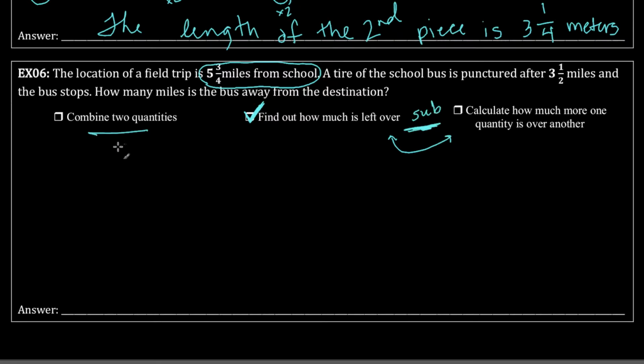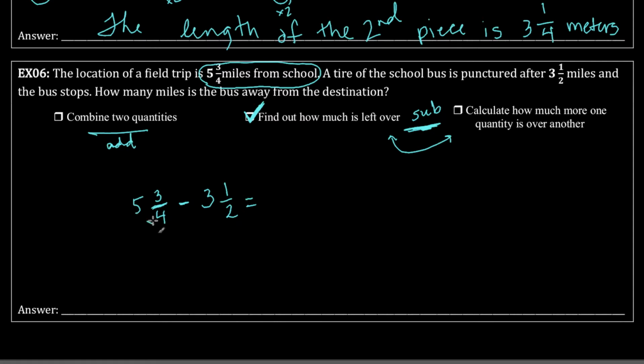And then this one, of course, is addition. In your work, you will have to pick a reasoning for adding or subtracting. So we were this far away, the kids on the bus and the bus driver, and then they went this far, 3 1/2 miles. And how much is left over?